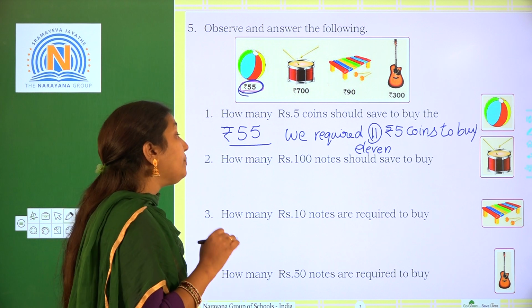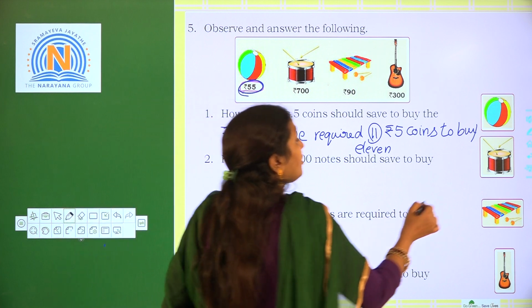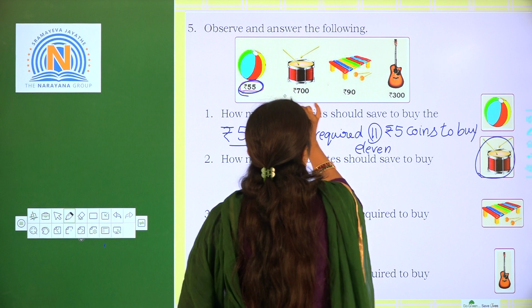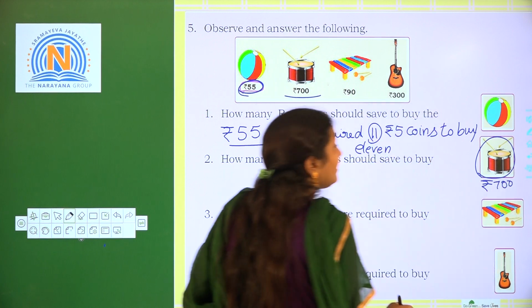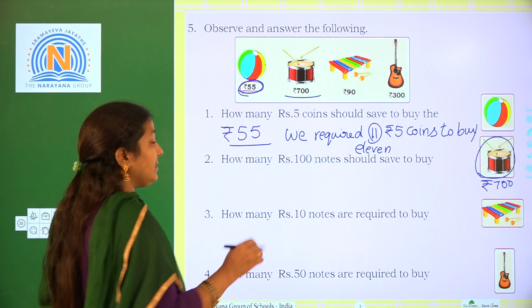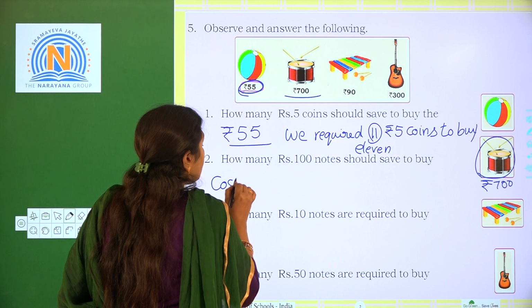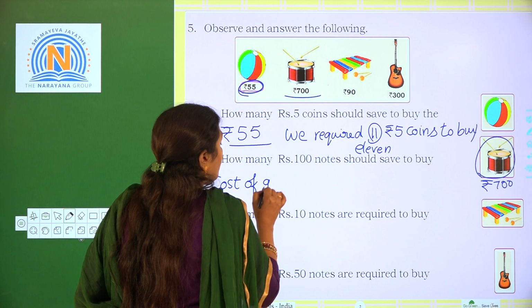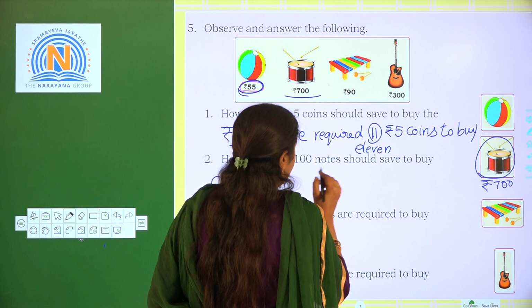Okay. How many 100 rupee notes should we save to buy the drum? What is the cost of the drum? 700 rupees.